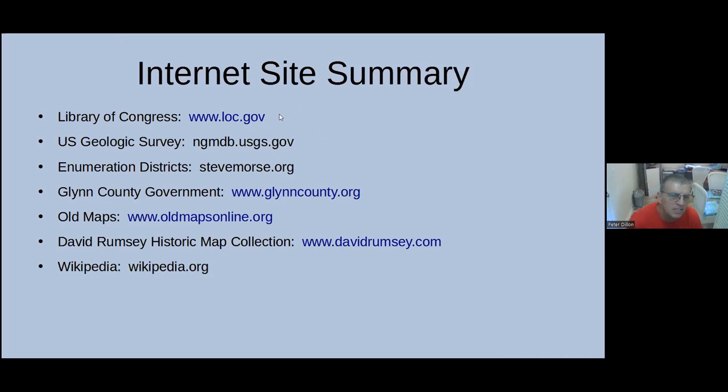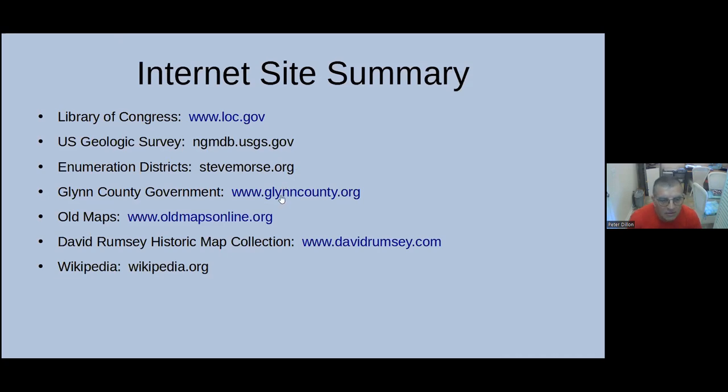So just to go over this a little bit more: Library of Congress, it's easy to use and search, and they have a lot of subcategories. The U.S. Geologic Survey has very detailed maps that even identify where particular houses are located. The enumeration districts from Steve Morrison are also available on the National Archives, local county governments, and old maps online.